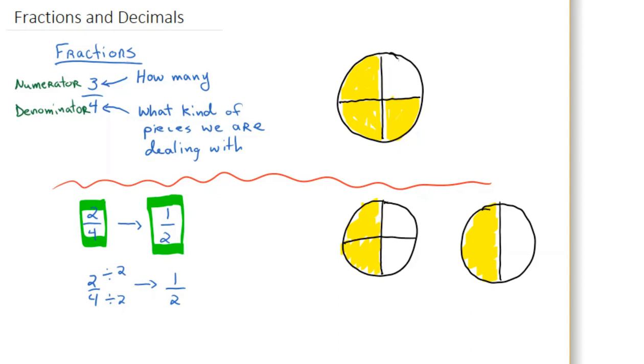It's like saying I have 2 nickels or 1 dime. I have the same amount of money, but different denominations making up what's in my pocket. Because of that, we say they're equivalent fractions, meaning they are of the same value, but in reality they may not be the same shape or size of objects that we're dealing with.